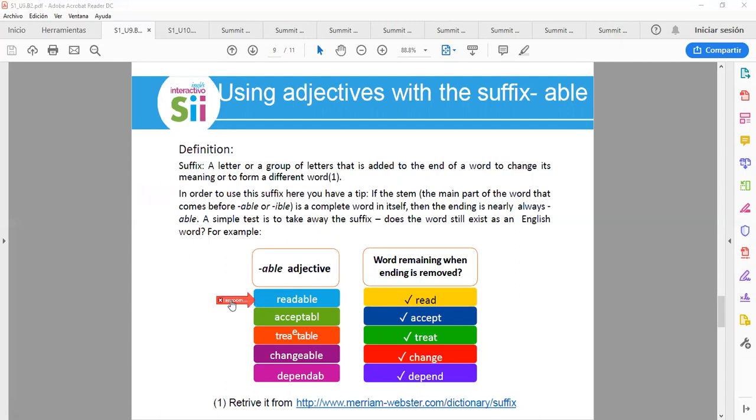Readable. And the word remaining when the ending is removed is read. So, yes, it exists. Read and readable. Readable is something that you can read.